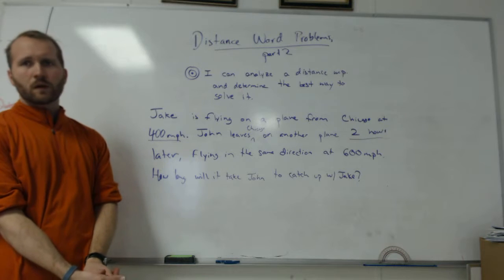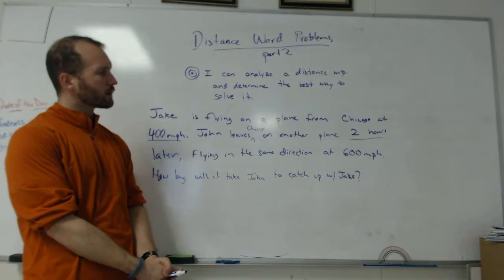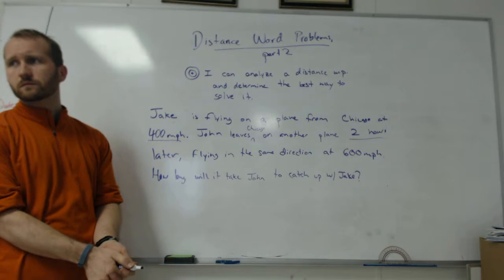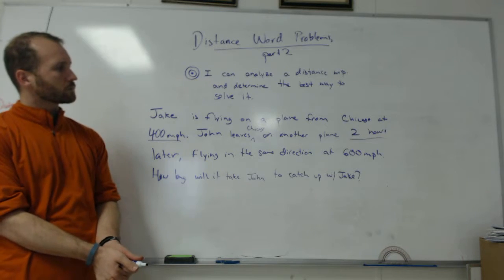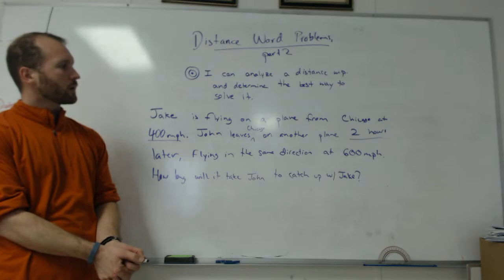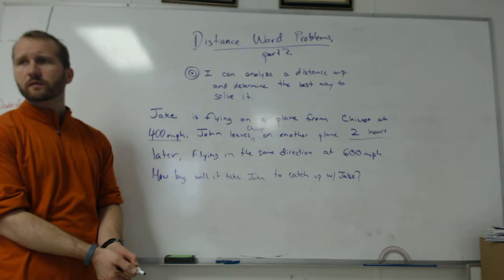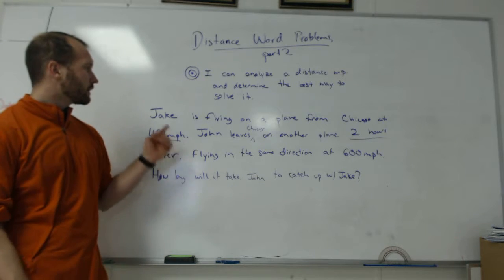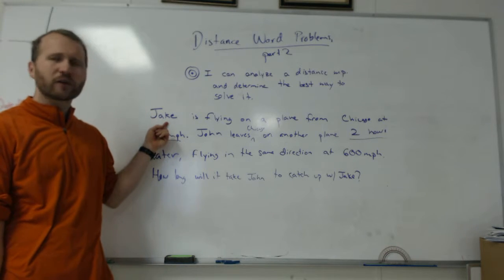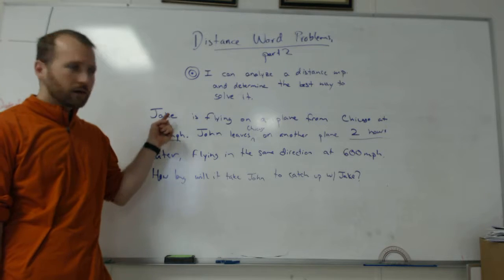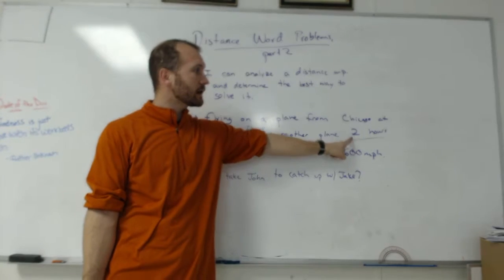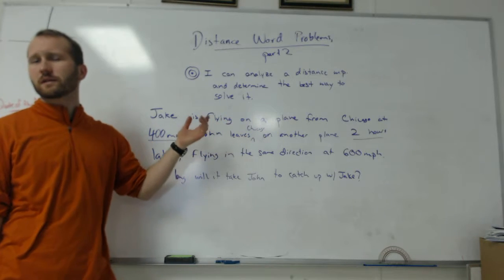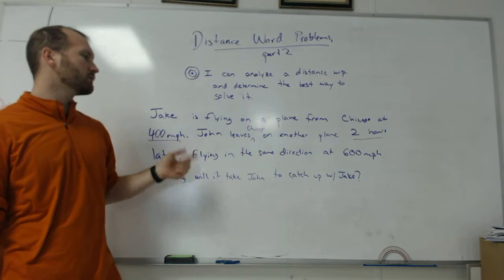Who's traveling for a longer period of time? Jake, because he leaves first, right? Yeah. John leaves 2 hours later, so he's traveling for 2 hours less than Jake. Jake is going for 2 hours more than John.